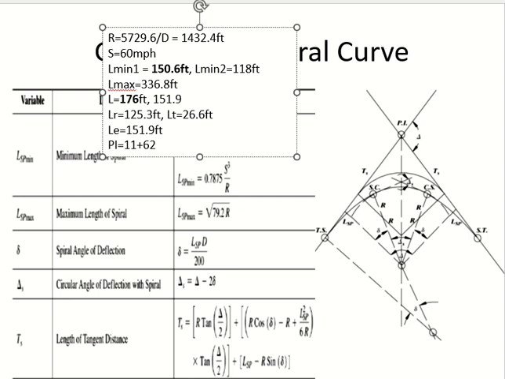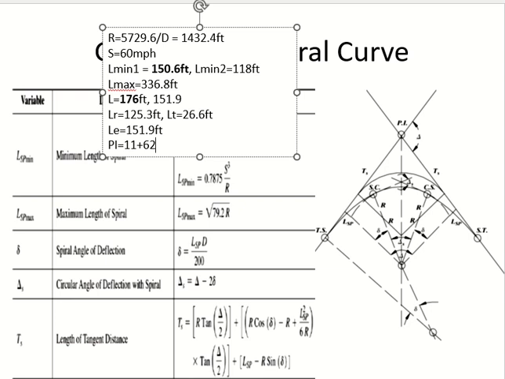From this point, I can go back to the start of the first spiral, and between them I have the tangent length. Tangent length can be calculated from this equation. My LSP is the length of the spiral I have chosen, which is 176.